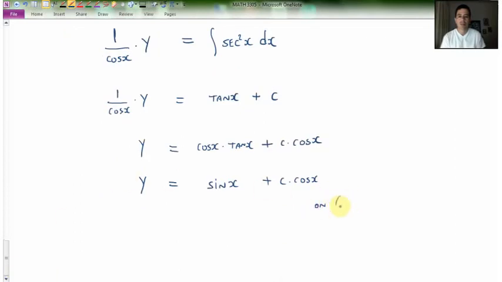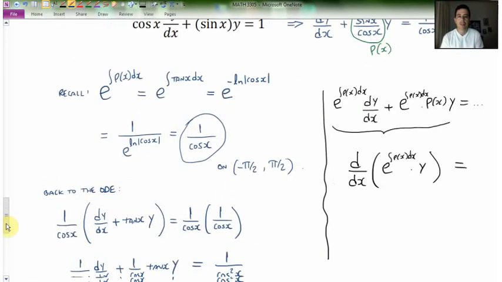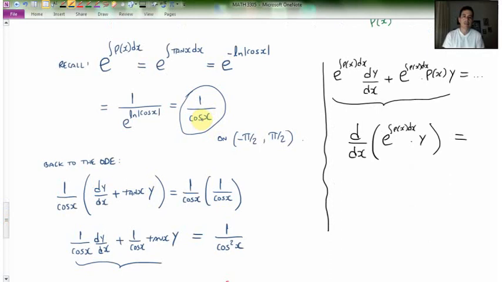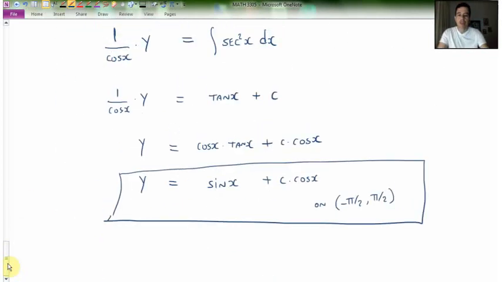And this is on the interval negative pi over 2 to pi over 2. That interval comes from the fact that we don't want cosine to be 0. So we want to choose an interval where cosine is nonzero, so we don't create problems with the denominator. So that's the solution.